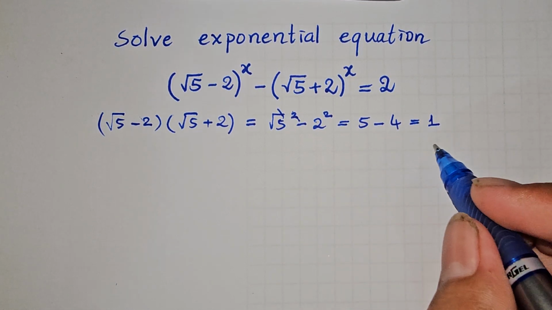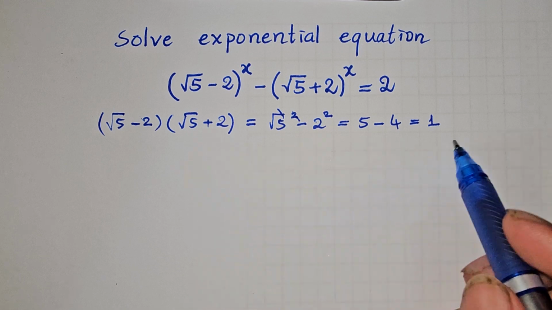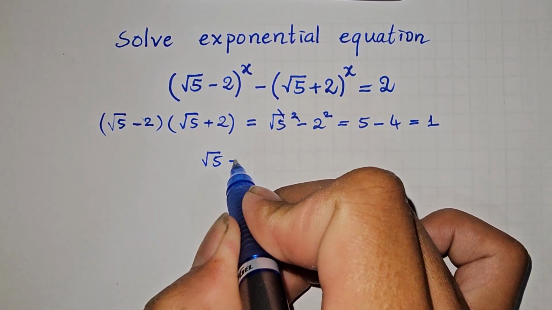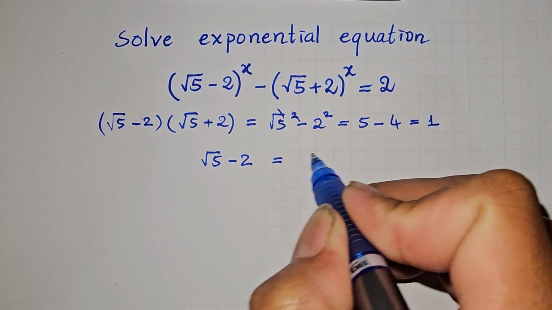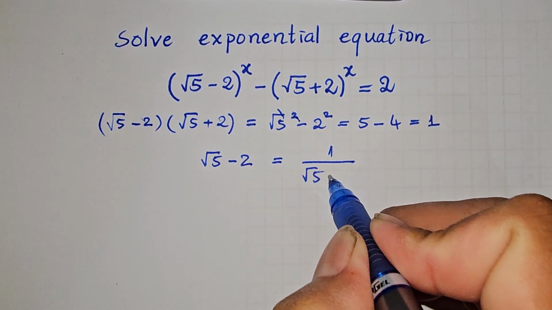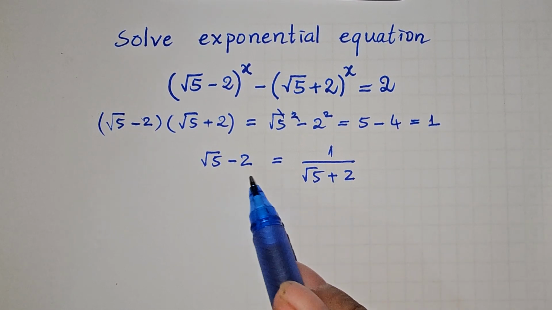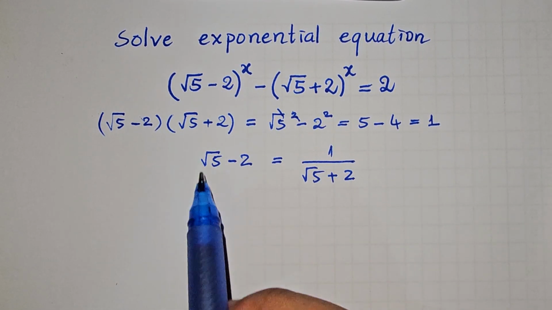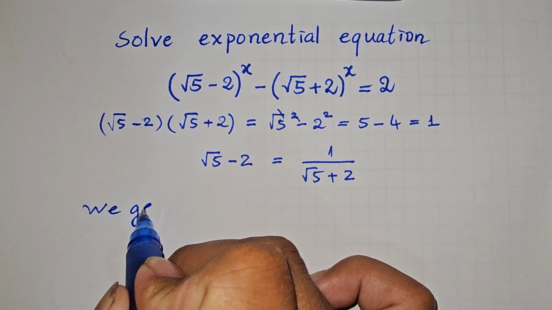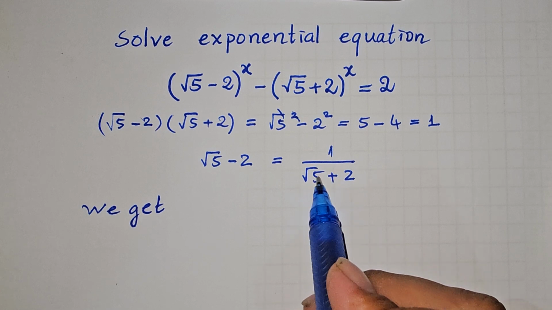If I move square root 5 plus 2 to the right hand side, we get square root 5 minus 2 equals 1 divided by square root 5 plus 2. Now we take this to replace in the equation. So we replace it by 1 divided by square root 5 plus 2.